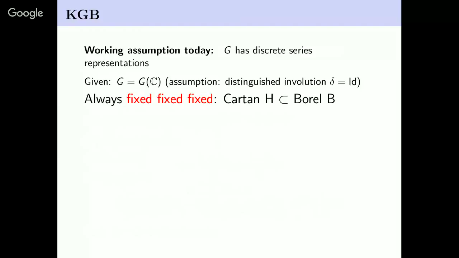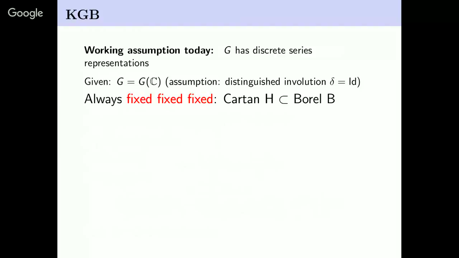For people who work with representations, it's sometimes a bit of a pain if you have different Cartan subgroups and roots, and you have to identify them, and maybe there's a choice of identification. Well, that's not the case here. That's all gone away. So H and B are fixed.